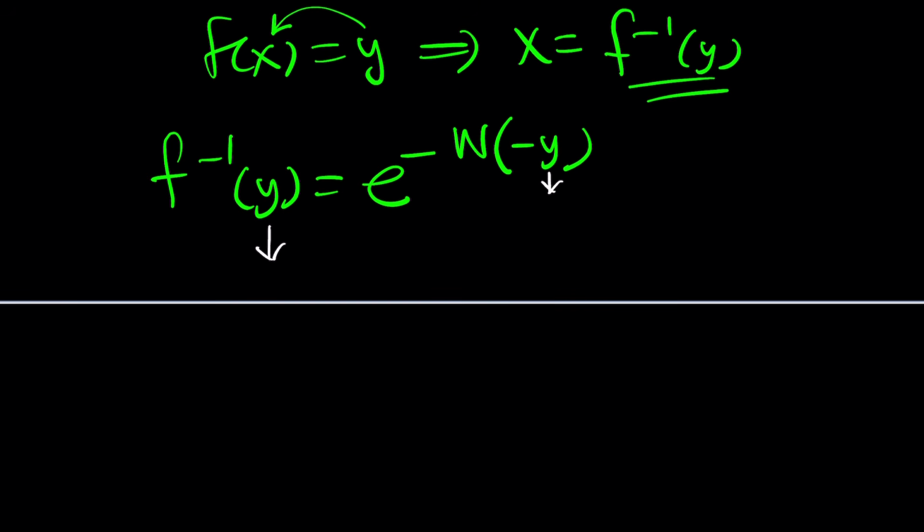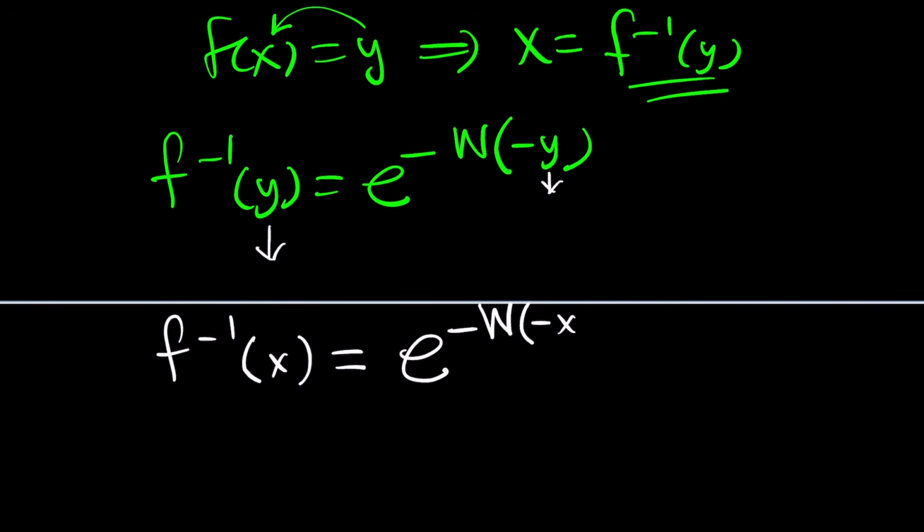And remember what I told you originally, there are two ways to do it. You can switch x and y and then try to solve for y, or you can solve for x and then switch x and y. That's what we're gonna do now. This will give us f inverse of x equals e to the power negative W of negative x. So whatever your function is, f of x, this will give you the inverse.